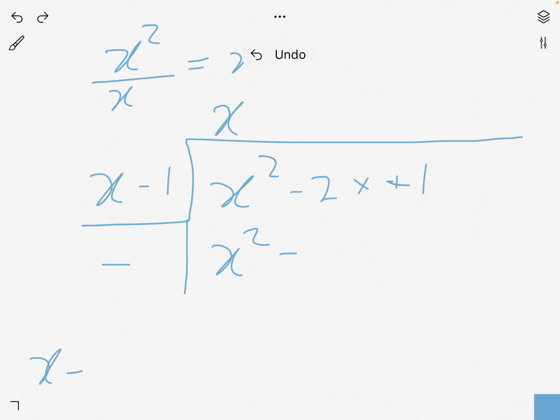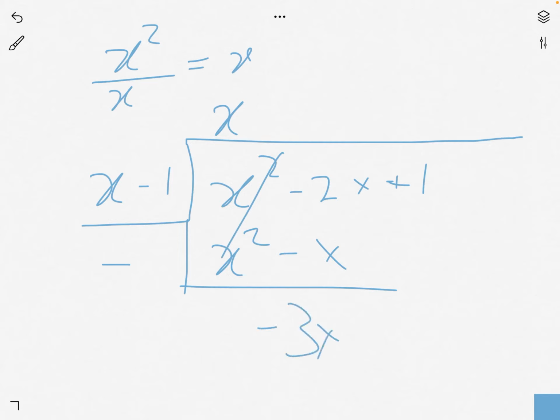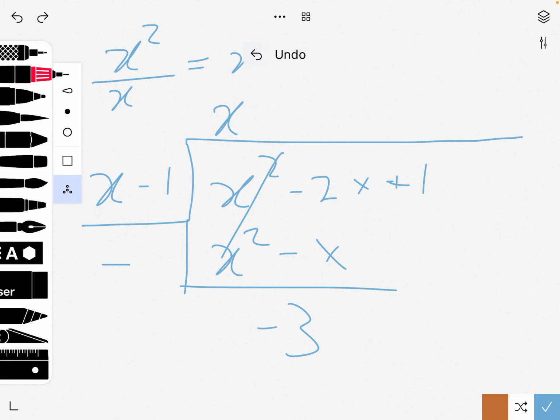Let's subtract x minus 1 times x. So I get minus 1 times x is minus x. Now, x squared and x squared cancel out because it's subtraction here. But as you can see, it's minus 2x minus x. You might be thinking, oh, this is minus 3x. You're wrong, and I'll tell you why.